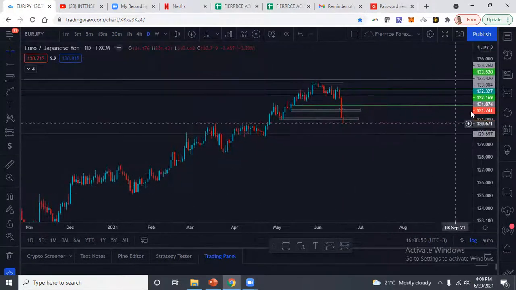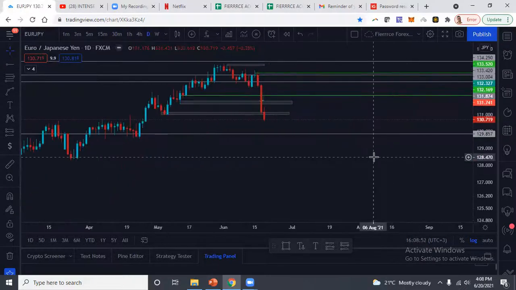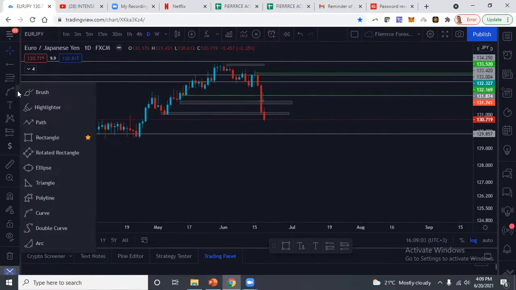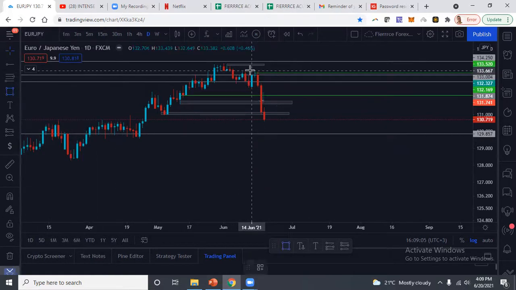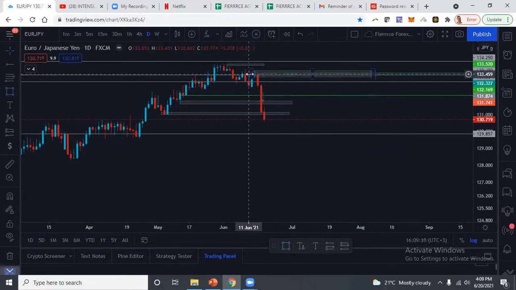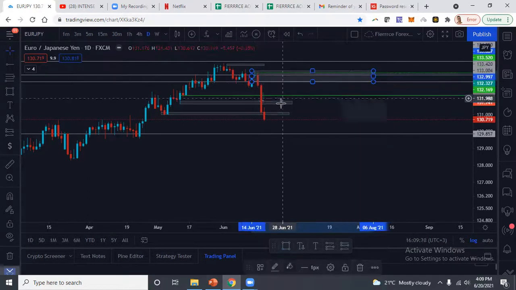What could have informed us on the daily is when we saw this bearish candle that closed and basically engulfs the previous daily. So this level ideally looks like it could be retested at some point in the future. This whole area here, there's a possibility of a retest.